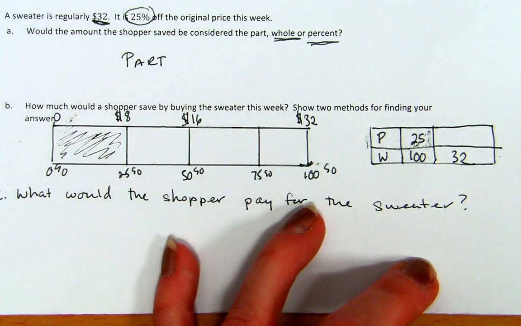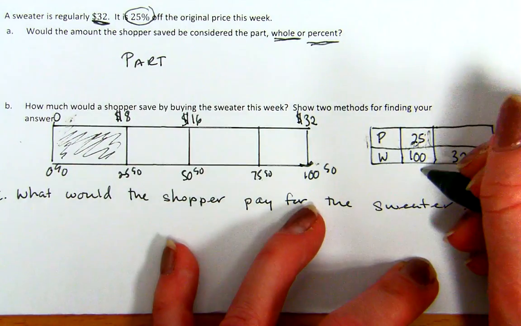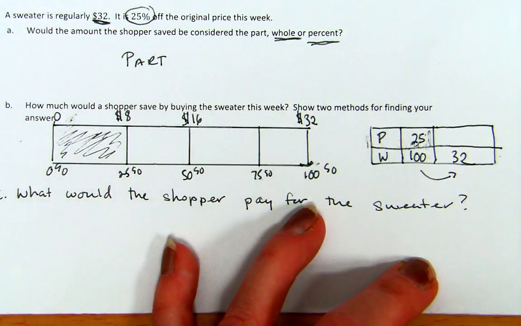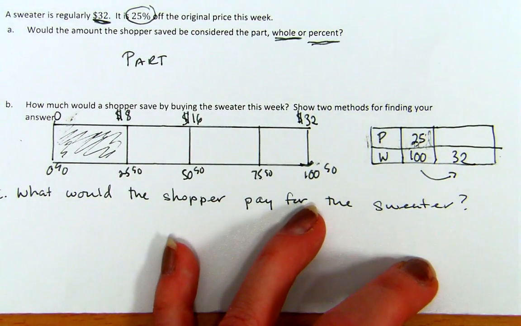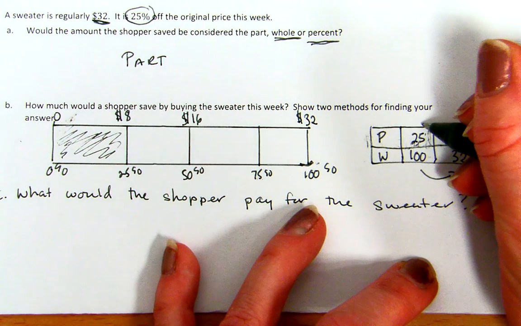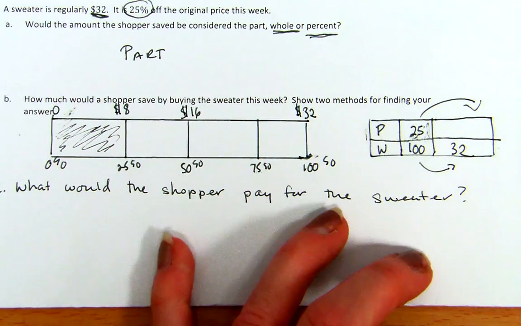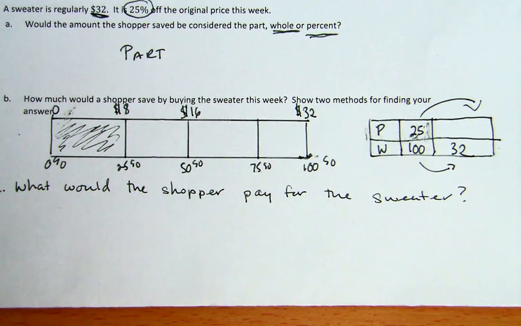Now, this is one of those cases where the ratio table isn't really all that nice because getting from 100 to 32 isn't that fun, right? We can figure it out by saying, okay, well, 100 divided by 32 is 3.125.